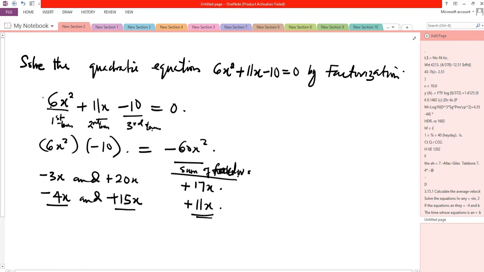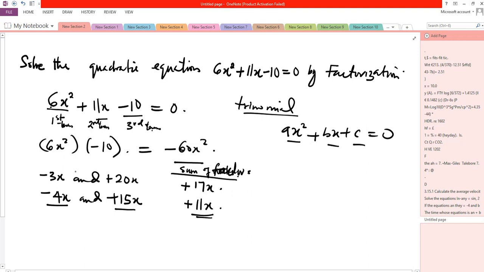This equation is called a quadratic trinomial. A quadratic trinomial is a three-term expression with the highest power of the variable being 2, and the standard form is ax squared plus bx plus c equal to 0. So you have three terms.